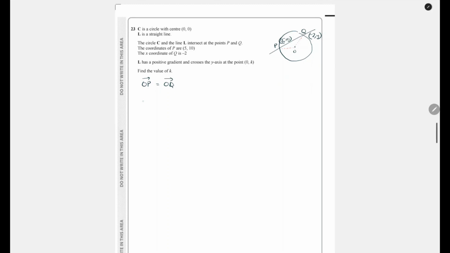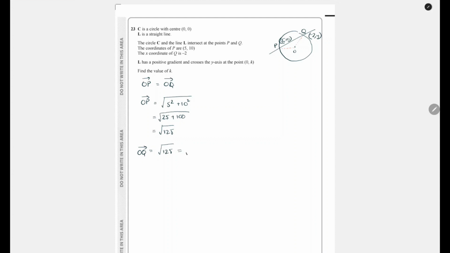Now, we can work out the distance of OP. That is just the coordinate squared or square rooted. So we have the square root of 5 squared plus 10 squared. That gives us 25 plus 100, all square rooted, and that gives us a distance of root 125. We know that this is also equal to OQ, so OQ is equal to root 125, and we can use this to work out the y value.